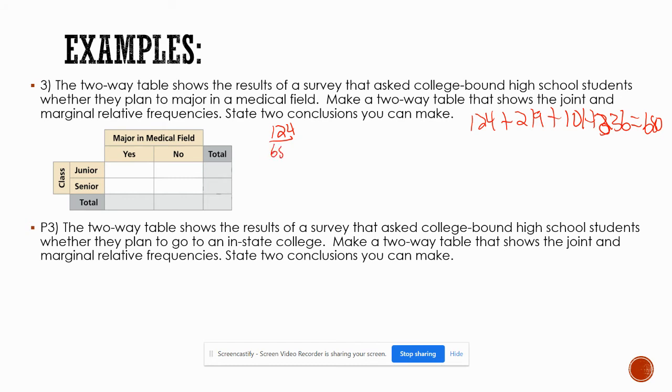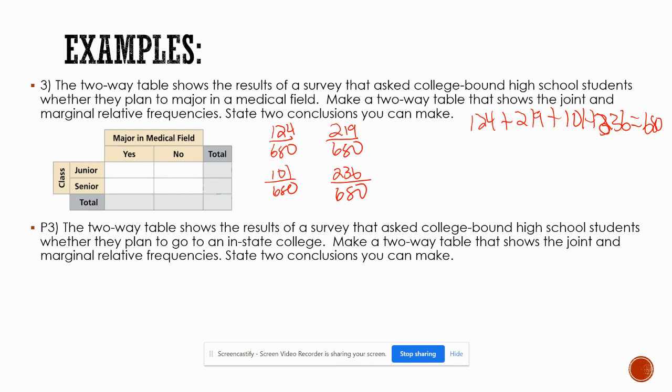So we have 124 out of 680, 101 out of 680, 219 out of 680, and 236 out of 680.